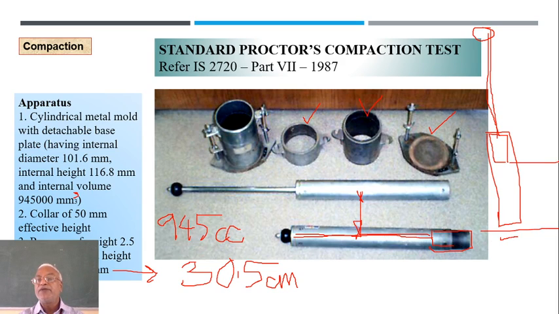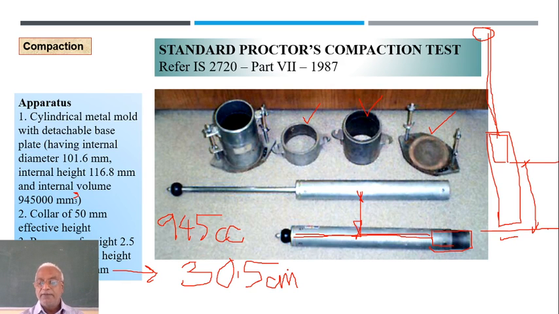Now this free fall from the bottom part of this to the top part of the soil is 30.5 centimeters. So that's how the compaction is done, or it is rammed.